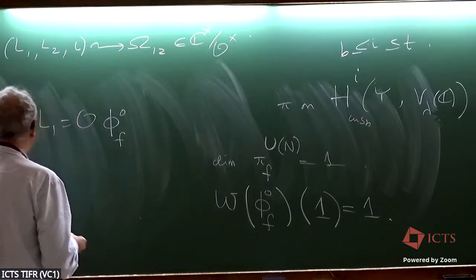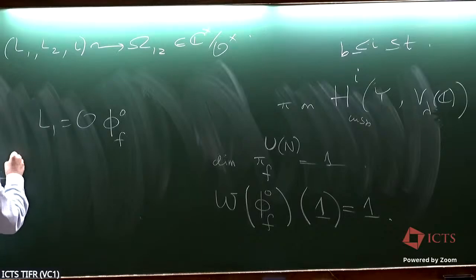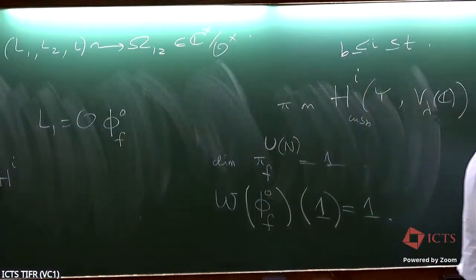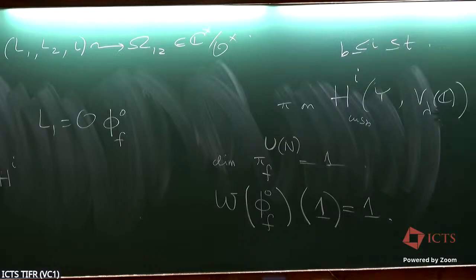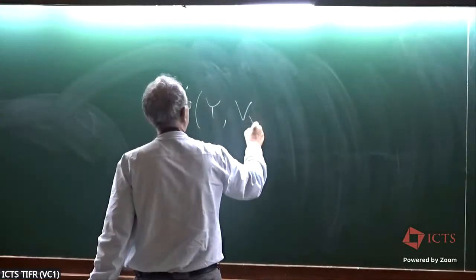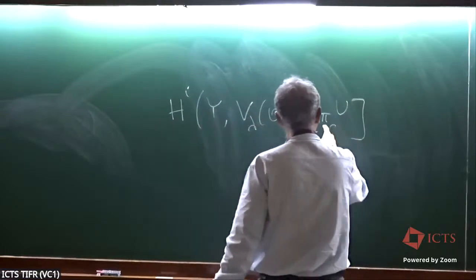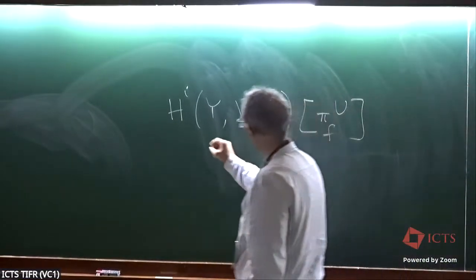Okay, so this is L1. For L2, now you have to be careful, as I explained. Now I have to quote a theorem of Borel-Wallach about the dimension of the pi_f part. So this is a Hecke module, and you can consider the part of this Hecke module on which Hecke acts as on pi_f. So we have this Hecke module, H^i of Y, V lambda, O, and we take the part on which Hecke acts as on pi_f, H^i cuspidal.